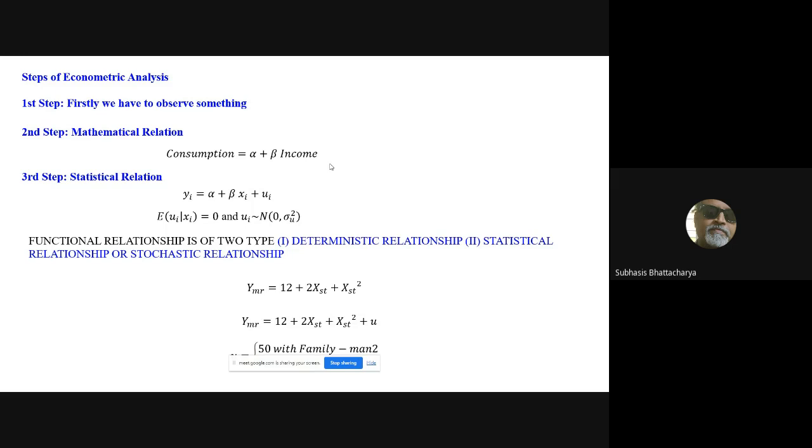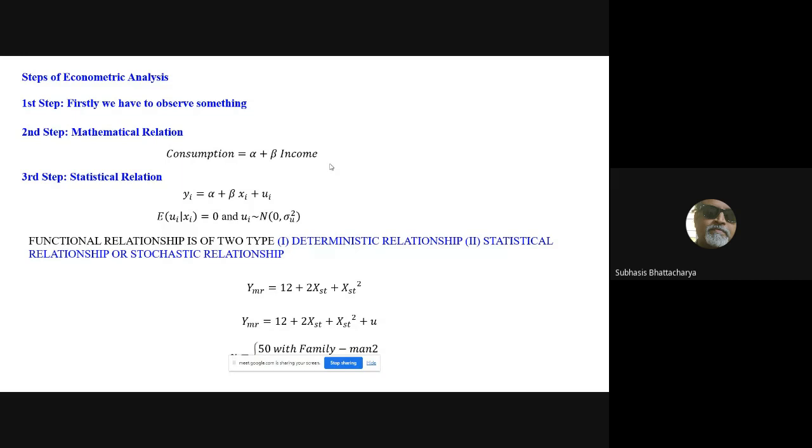For example, how people consume, how they spend, and so on. Then what are we doing? It is the story I have already told you, now in an easier form. We actually hypothesize a causal relationship, and this causal relationship basically depends upon observations.